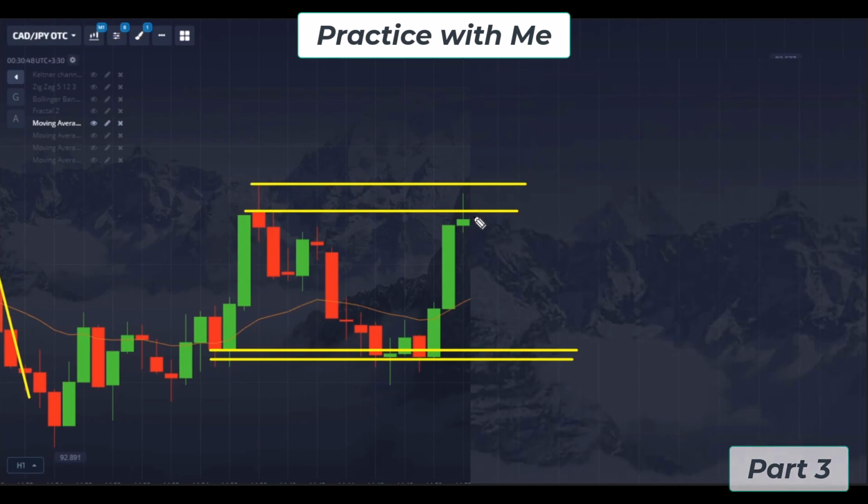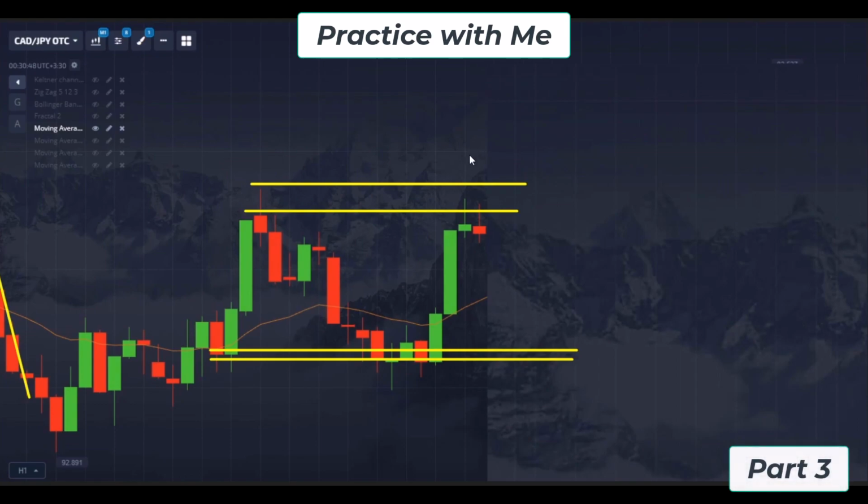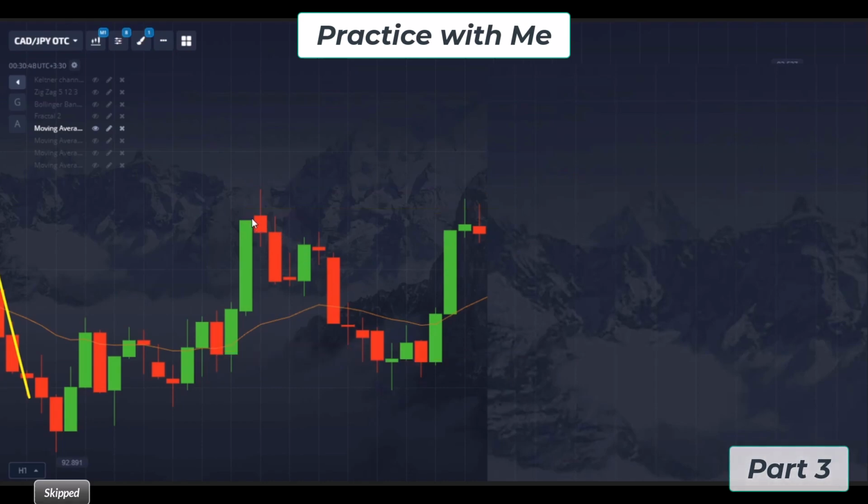If the price reaches here, I will enter for a sell position. If not, I will not take the trade. So let's see the next candle. We didn't take this trade because it didn't reach here. If it reached here, I would enter with marginal safety, otherwise not. So we didn't take any trade here.